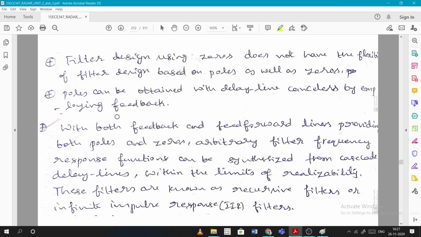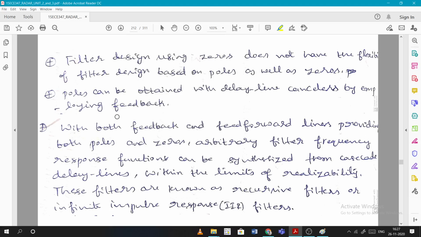Poles can be obtained with delay line cancellers by employing feedback. Basically, the feedback lines are generating the poles. If there is only feed forward, they will only have zeros.